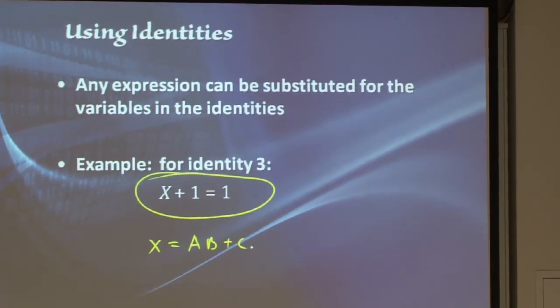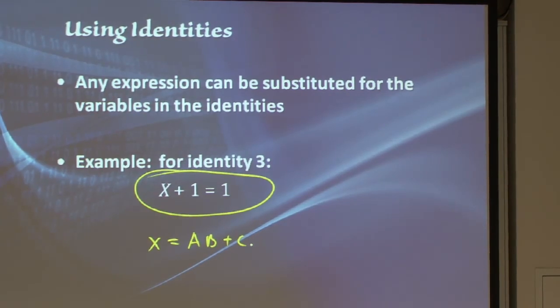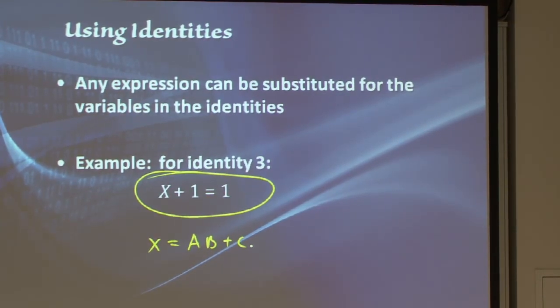A and B or C. Then I can take this expression and set it in the equation over there, and then I'll have (A and B or C) or 1. So set this here. And this will still be true. It will still be 1.